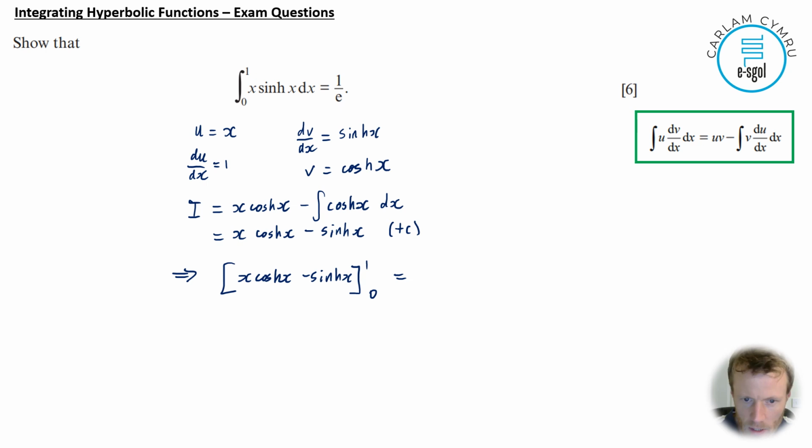I'm going to write this, so cosh 1. I've reduced the x because it's 1, so x is 1 times cosh 1 is just cosh 1, minus sinh 1, so that's substituting in the 1, minus, and then we're putting in a 0, so it's 0 times cosh 0, minus sinh 0. Oh, I've put a theta in there by accident.